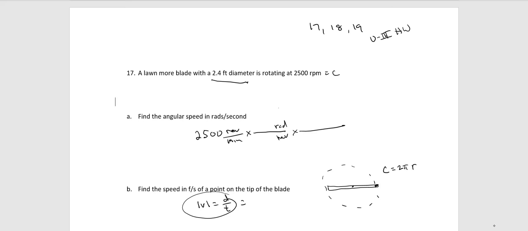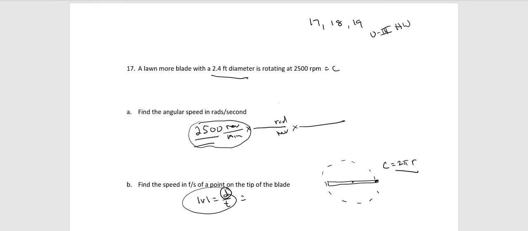And the reason for doing that is because we know it's rotating 2500 revolutions per minute. If we choose a 60-second time frame, we will know that it has gone around 2500 times. So the total distance traveled would then be 2500 times the circumference, and then divide by the time. That should get you through that problem.